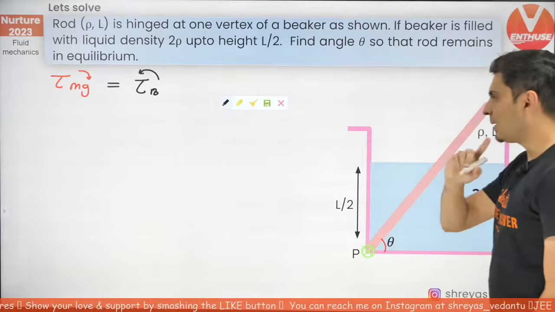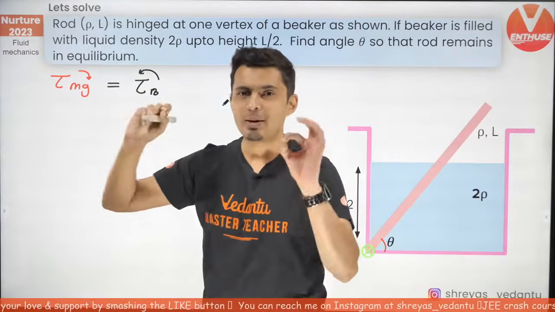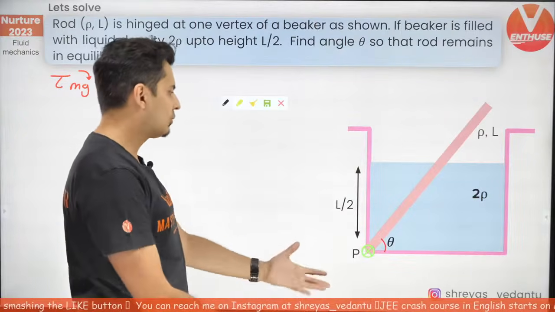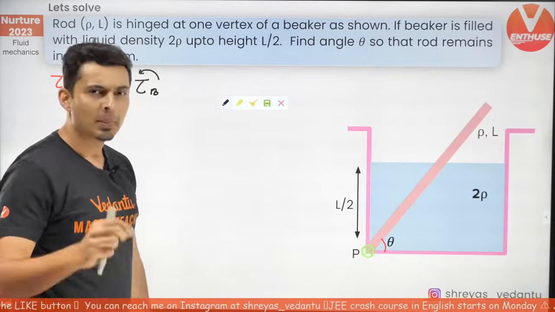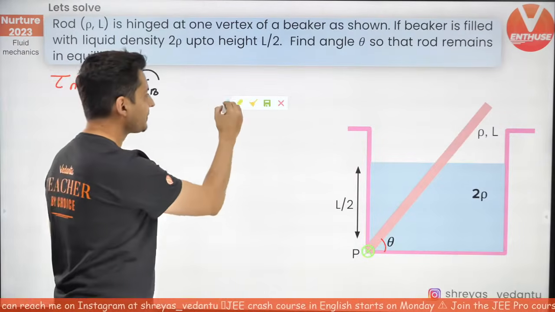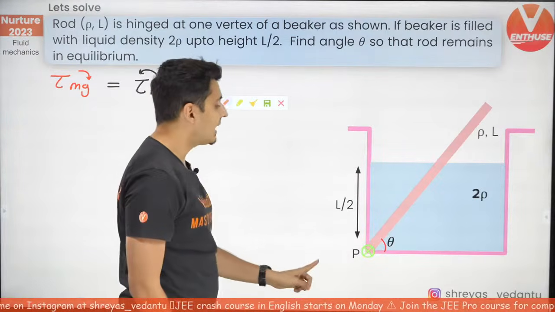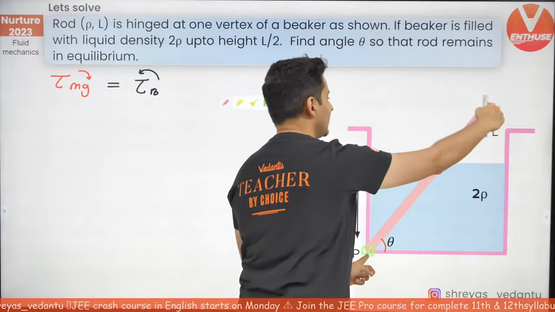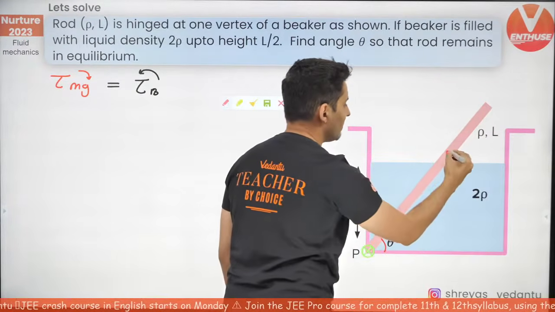So we need to figure out what these torques are, and probably when we write these equations, we are going to get the value of theta in terms of sine, cos or tan. Now, where is the gravitational force going to act from? It will act from the center of mass of the entire solid. Now think carefully. This is the length. Half the length might be somewhere over here.